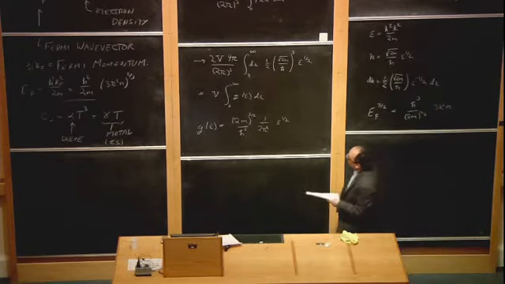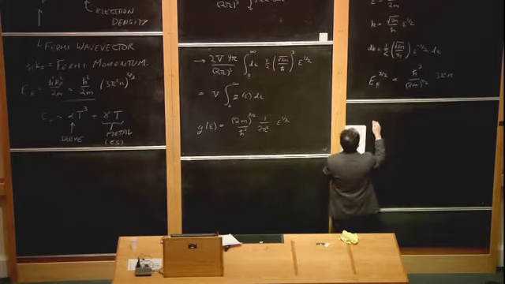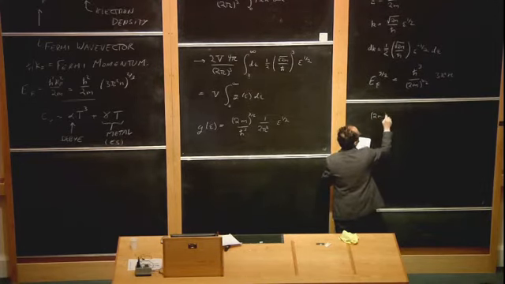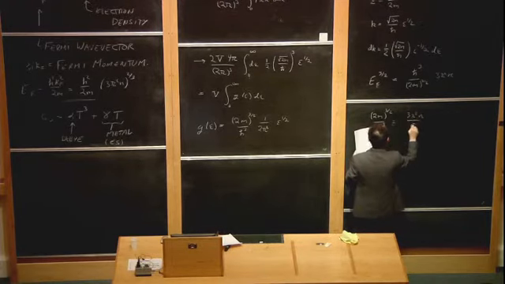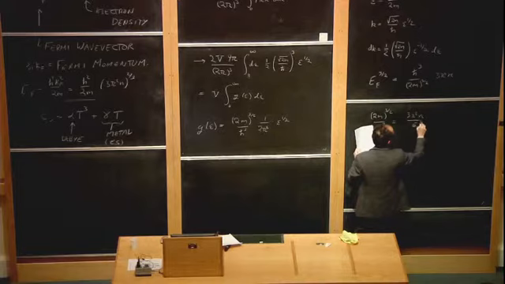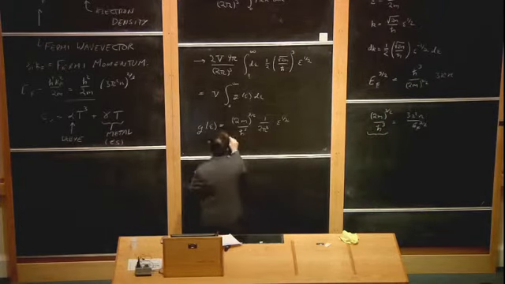Did I do that right? I think I did that right. OK. And then you'll notice that I can turn this around, or make it upside down. 2m to the 3/2 over h bar cubed is then 3 pi squared n over EF to the 3/2. And this factor here is this factor here.